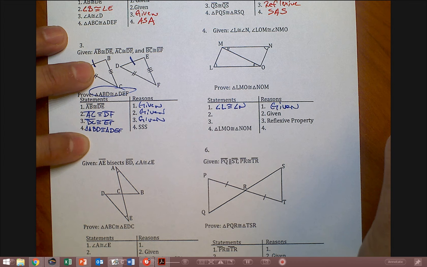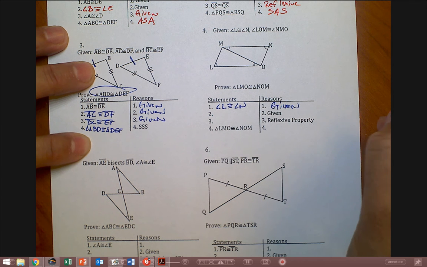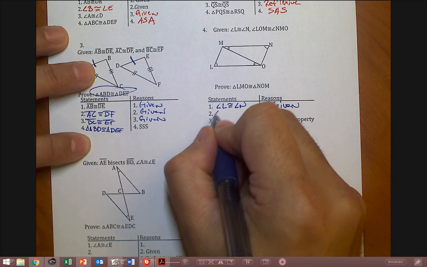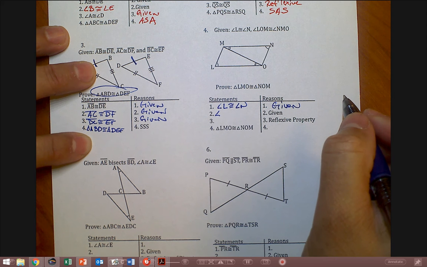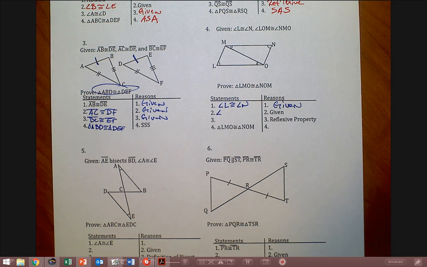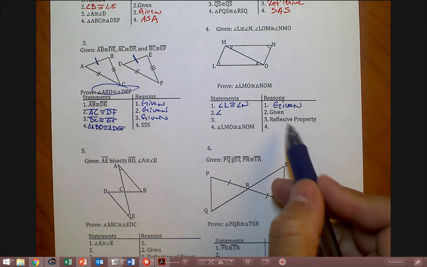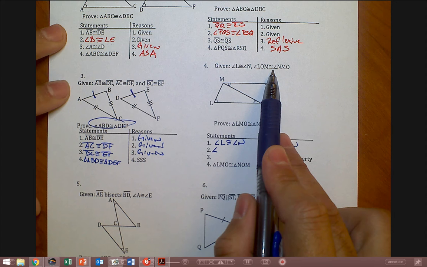Statement 2. Josue. Angle N. Try again. Angle L. It even says it's given. Just read that.